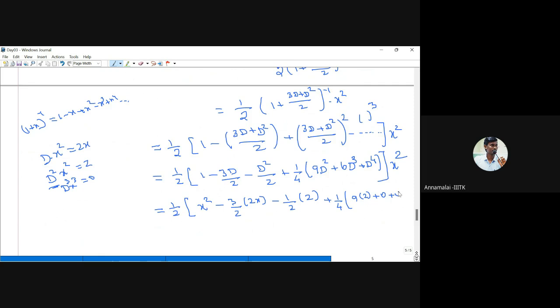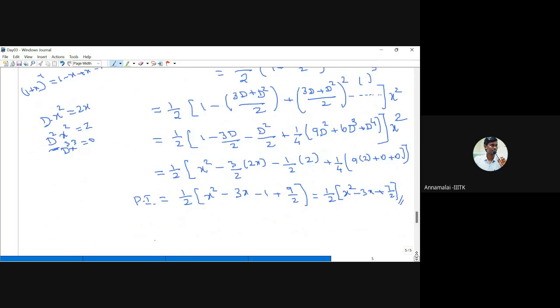The fourth derivative is also 0. Okay. Now, finally simplify. 1 by 2 times (x square minus 3x, 2 cancels, plus 9 by 2 minus 1, which is 7 by 2). Therefore, 1 by 2 times x square minus 3x plus 7 by 2. So, this is the particular integral.